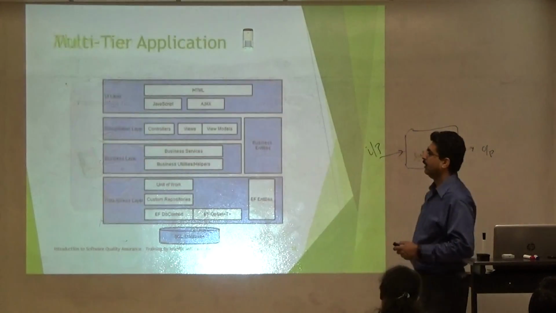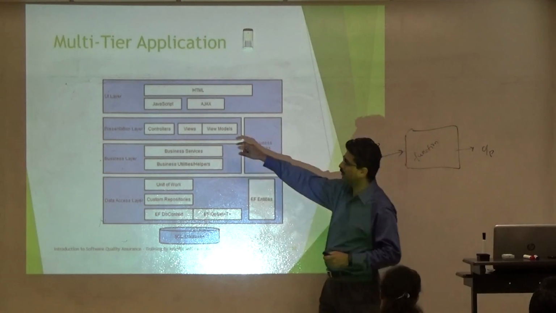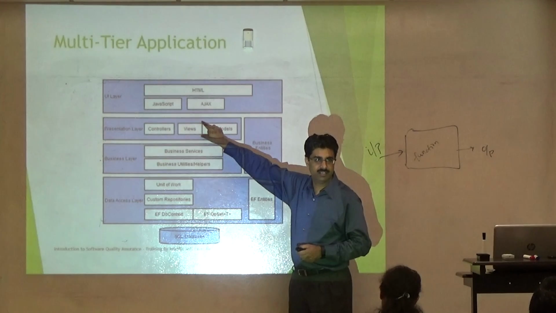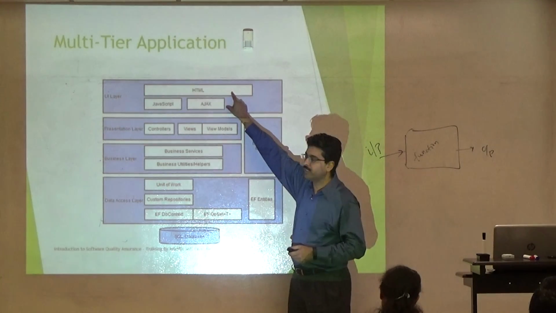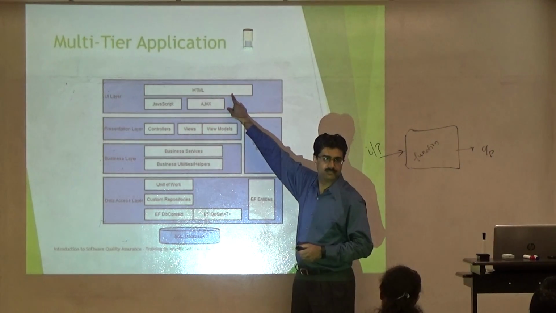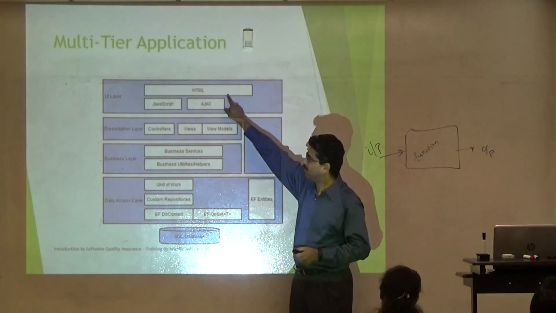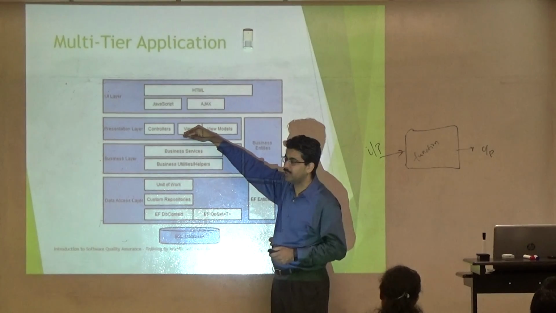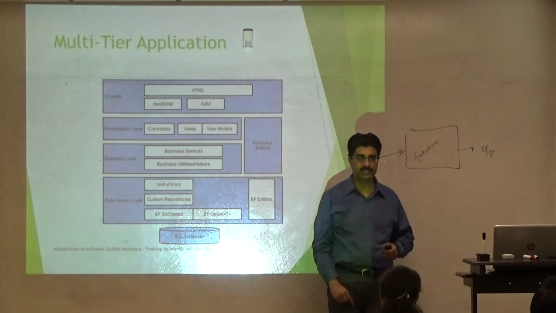Now that changes into, I need to present a certain piece of data, but the device on which it is presented could be different. So that presentation layer is now broken down into two components. One is a presentation layer, and one is a user interface layer.